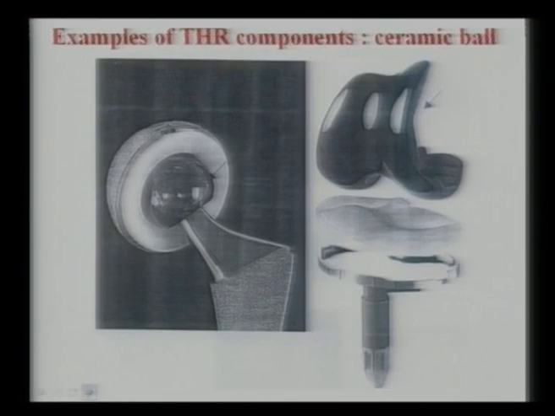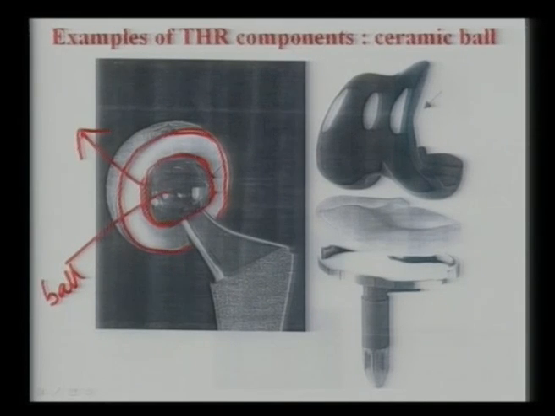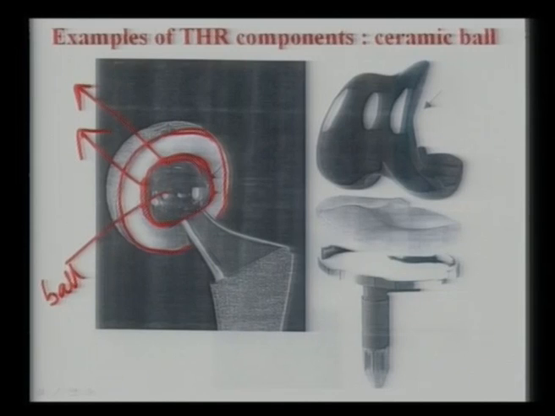This is exactly what I was trying to explain to you for the last few minutes: this is the femoral ball and this is your acetabular cup here, and this acetabular cup is housing this femoral ball. So this is your femoral ball, and this is your acetabular cup. Now these two surfaces are completely in reciprocating motion, and because of this reciprocating motion, wear resistance is important at this surface.